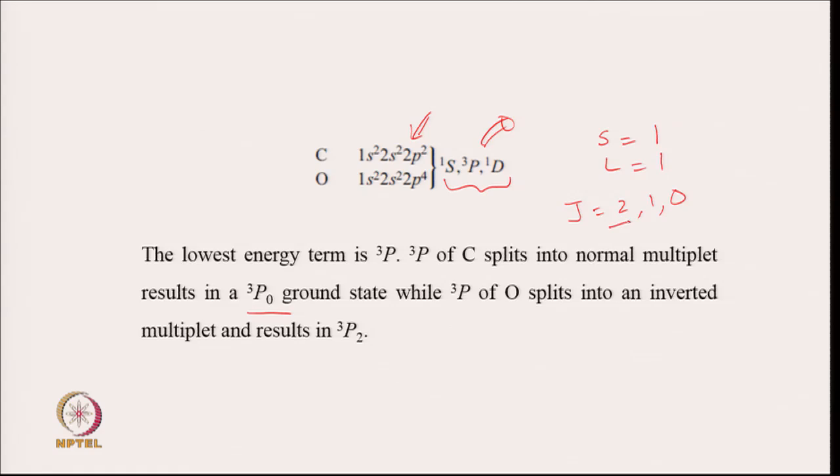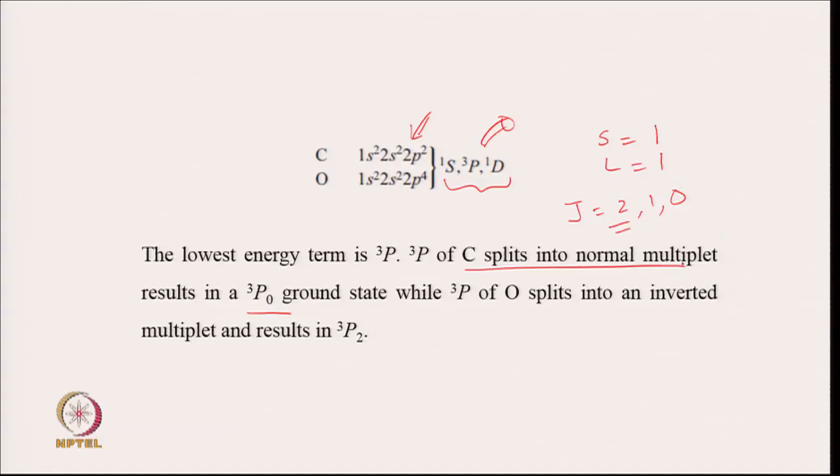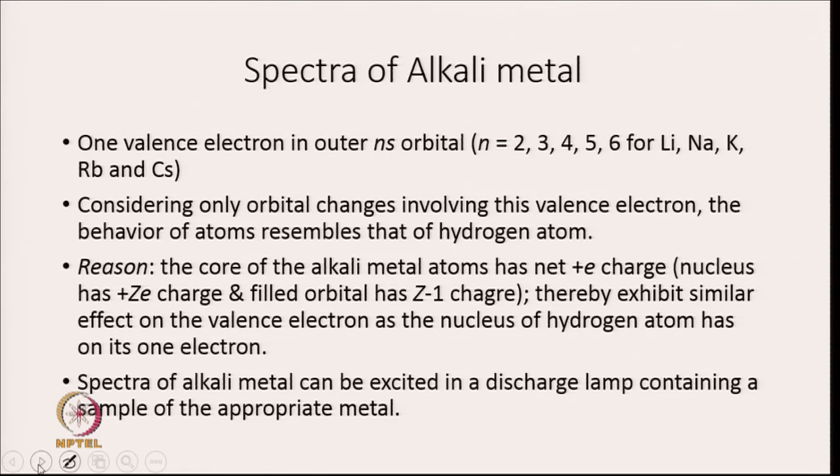For oxygen 3P2 is going to be the ground state, since the p orbital is more than half filled, and so carbon will give you a normal multiplet, whereas oxygen will give you an inverted multiplet. So please keep that in mind.